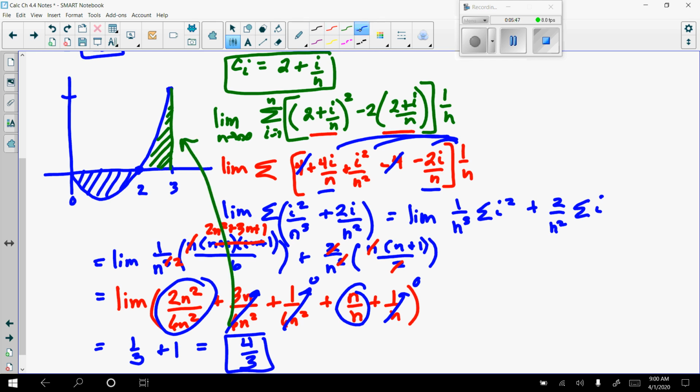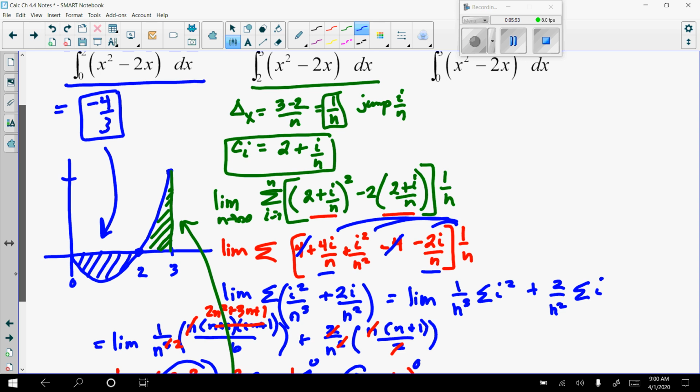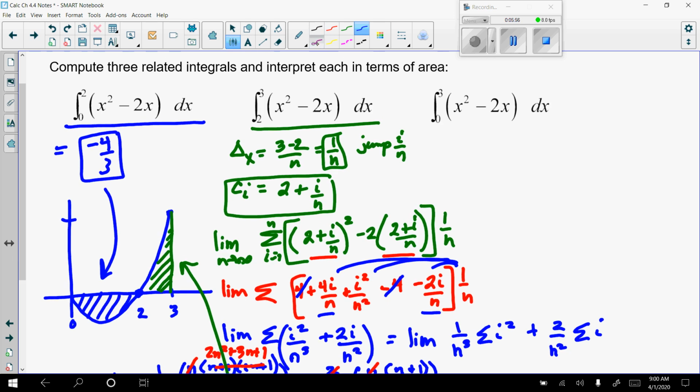We saw the area of the blue region was negative 4/3. So now they ask us, what if I did the integral all the way from 0 to 3?